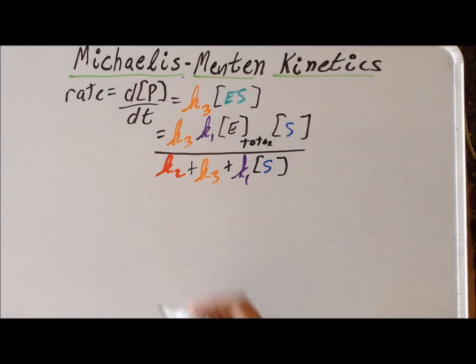We can simplify a little more by dividing the numerator and the denominator each by the rate constant K1.